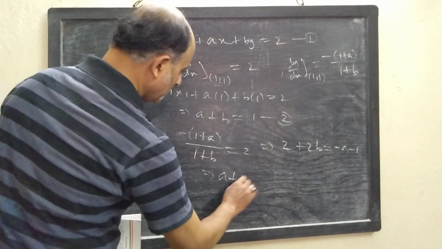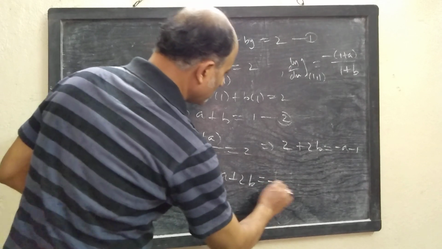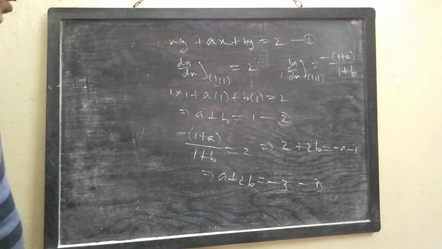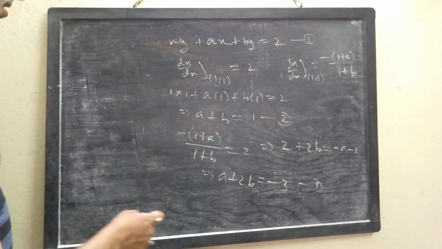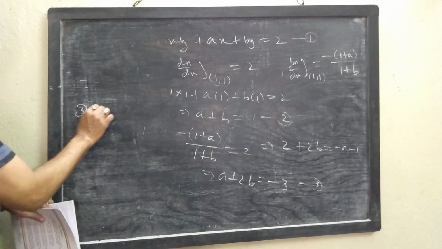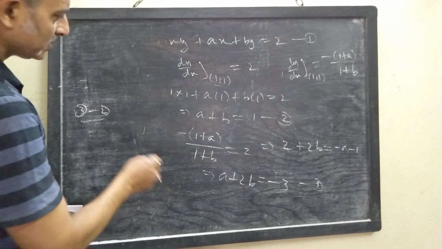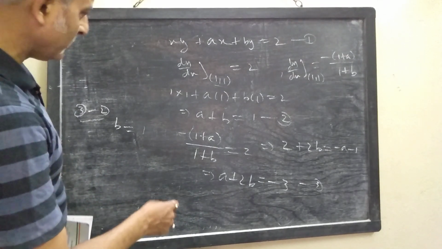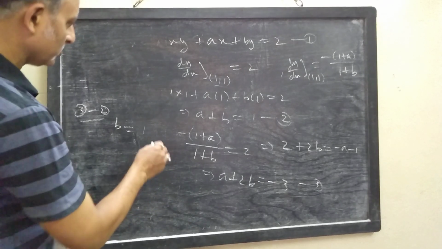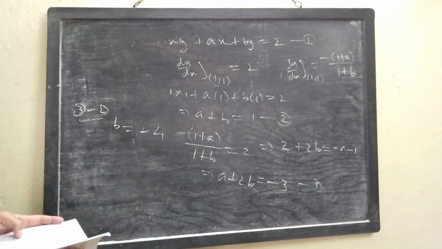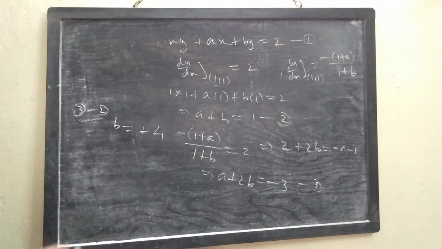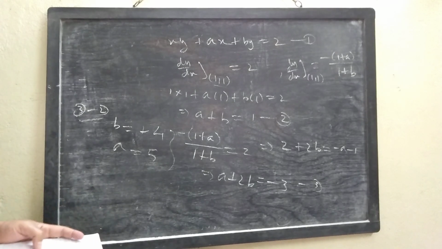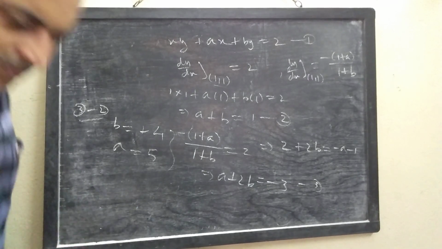That implies a plus 2b is equal to minus 3. This is equation number 3. Now solving 2 and 3, subtracting 2 from 3, we get 2b minus b equals minus 3 minus 1, so this becomes minus 4. b is minus 4. Now just substitute the value of b here. You get a equals 5. These are the answers. Now take one problem like this as homework.